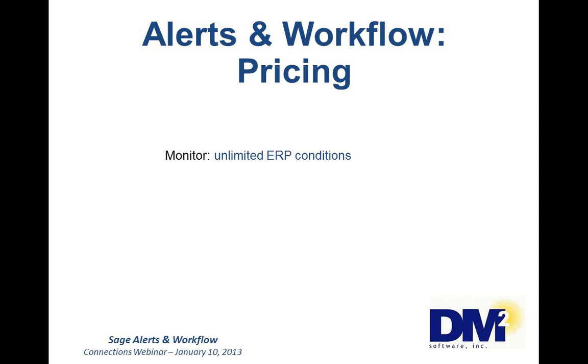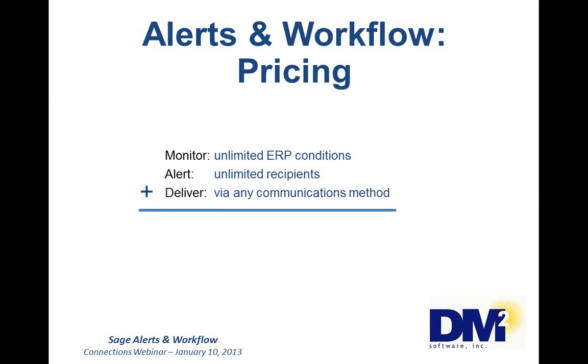So let's say that you want to start out by monitoring your Sage ERP application for an unlimited number of conditions, invoices that are overdue, customers who have stopped buying, stock that's running low, etc. You want to be able to send out alerts to an unlimited number of people, your staff, your customers, your vendors or suppliers, and you want to be able to send out those alerts via all of the methods I mentioned, email, fax, text message, web dashboard, Twitter, etc. Doing all of that for your organization is a price of $1,799.